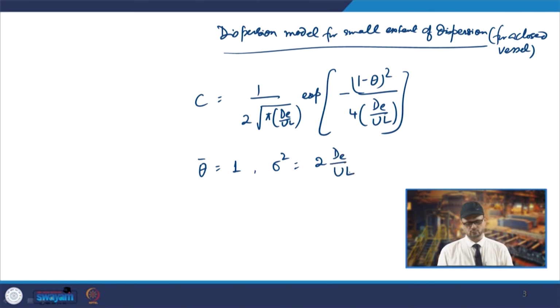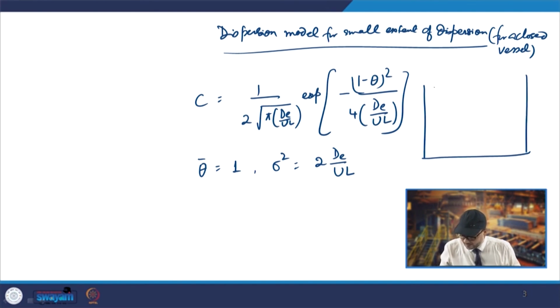If you try to draw these family of curves for different values of d by ul, for large and small dispersion in a closed system, the C curves look somewhat like this.